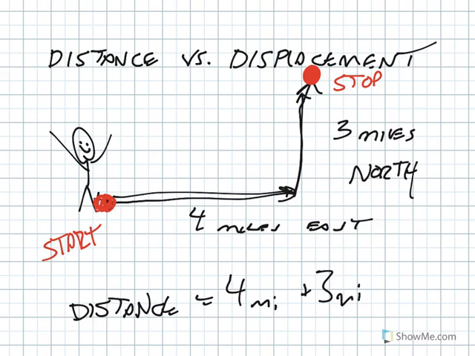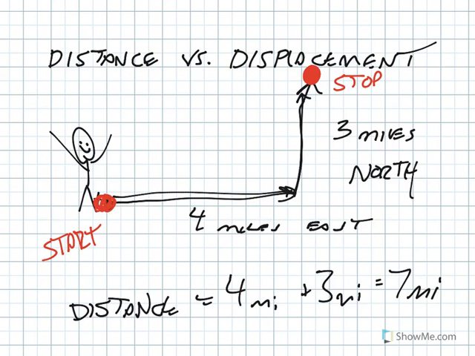So you went 7 miles. The distance that you traveled was 7 miles. Okay, 4 miles and 3 miles. There you go, your average, ordinary, everyday definition of distance.